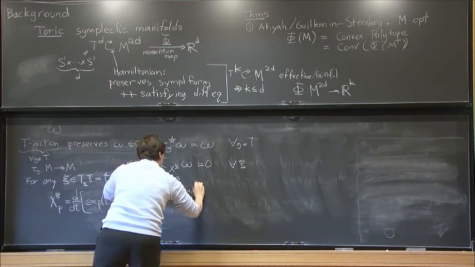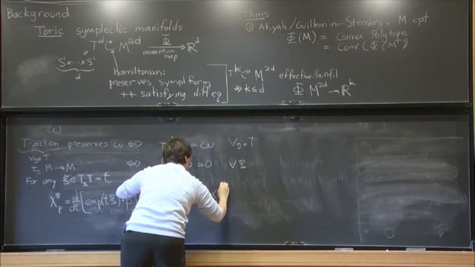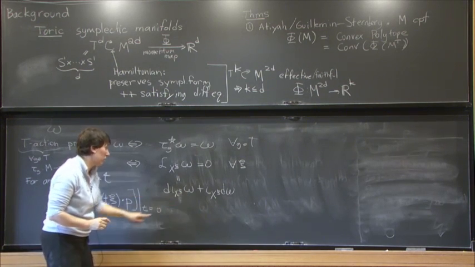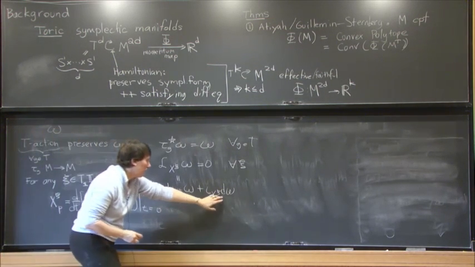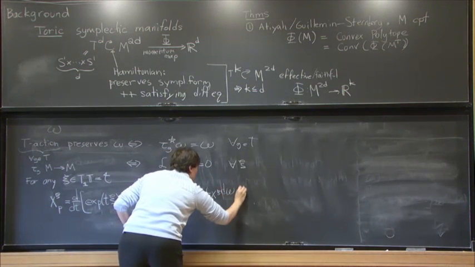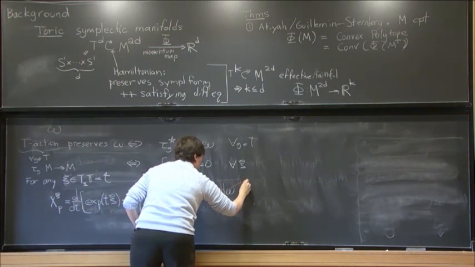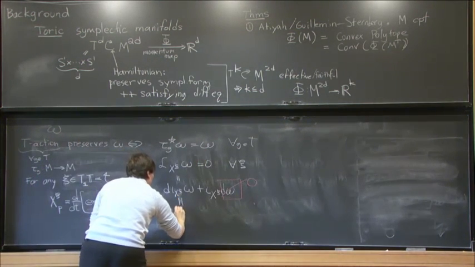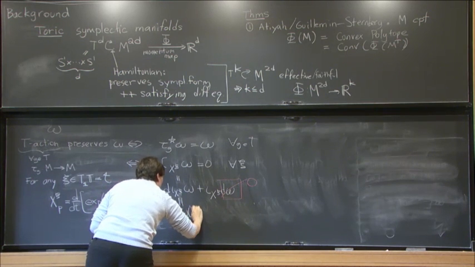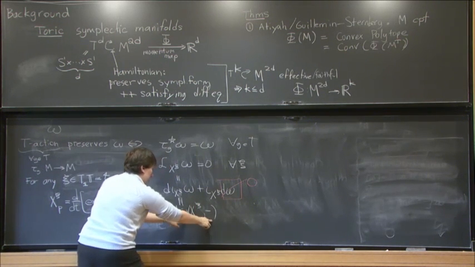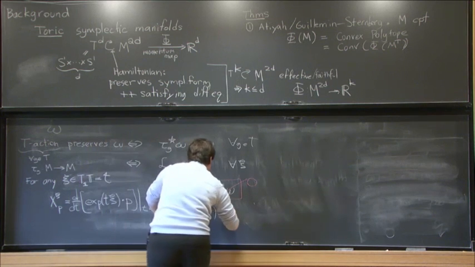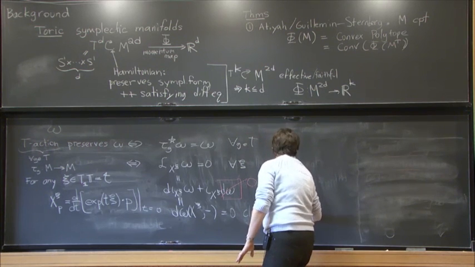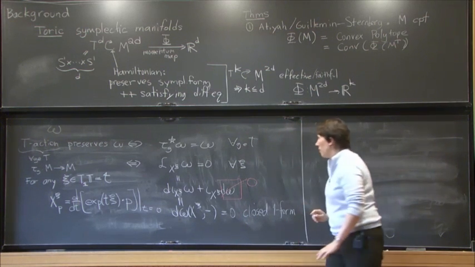Okay, but the Lie derivative, by Cartan's magic formula, is d of i_{X_C} omega plus i_{X_C} d omega, where i_{X_C} just says stick X_C into the first slot of omega. Here d omega, this is where we use the fact that omega was closed, so that's 0. And so this is just saying that omega of X_C blank, which is now a one-form, is closed.